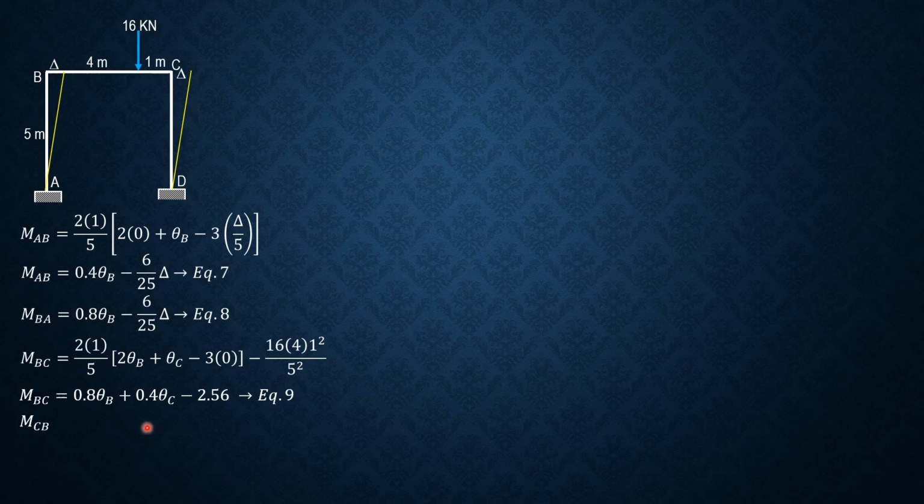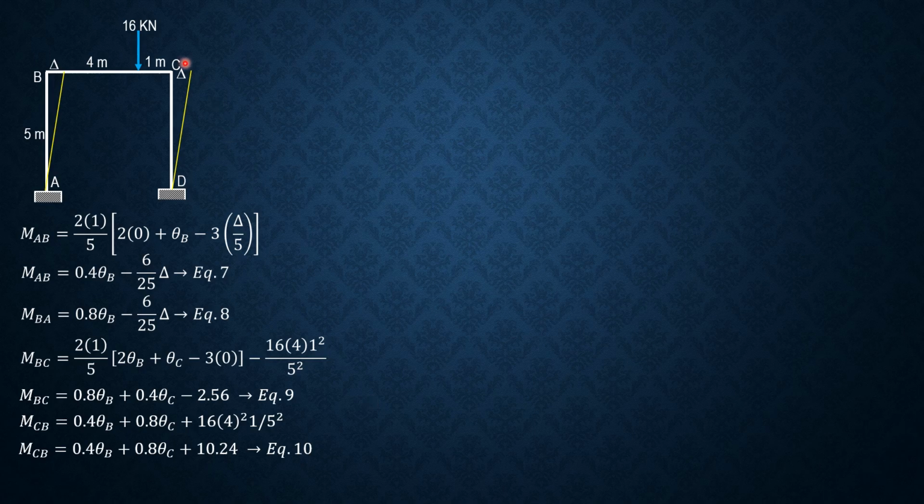MCB, interchange, then plus 16 times 4 square times 1 over 5 square for the fixed moment. So MCB is equal to 0.4 of theta B plus 0.8 theta C plus 10.24. Call that equation 10.